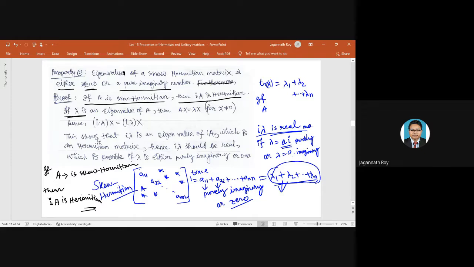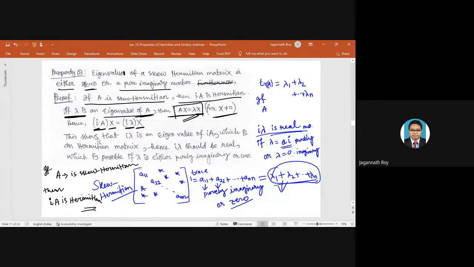If lambda is an eigenvalue of A, then Ax equals lambda x for non-zero x. We have mentioned this equation several times. Now, if we multiply with i, then i times A into x equals i times lambda into x.